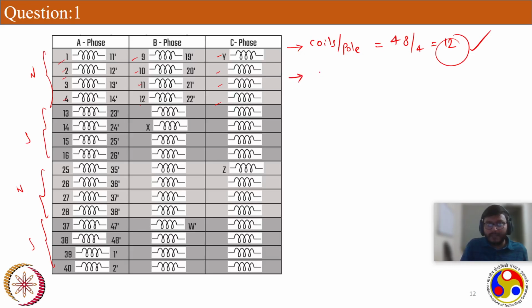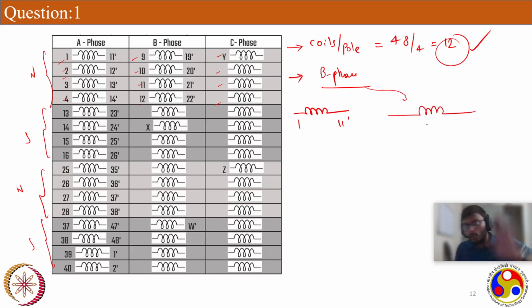Now let's see the starting of B phase. A phase is starting from 1 and 11 dash. Now what will be the starting of B phase? Don't look at the diagram, but let's say we want to find the starting of the B phase.